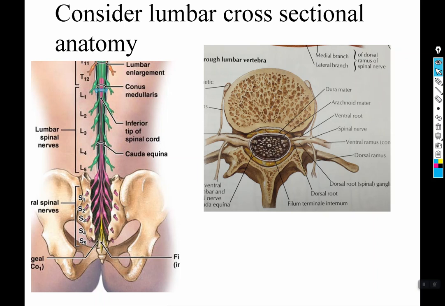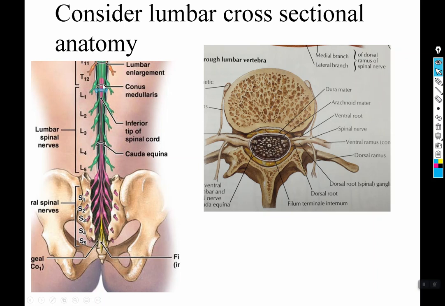It's the place at which the cord, a contiguous rope of neurons with gray matter in the middle, ceases to be that rope. It comes to a conical point, and after that it is something called the cauda equina, which means horsetail. After that, it's just a bunch of spinal nerves surrounded by a perineural sheath and running in parallel.